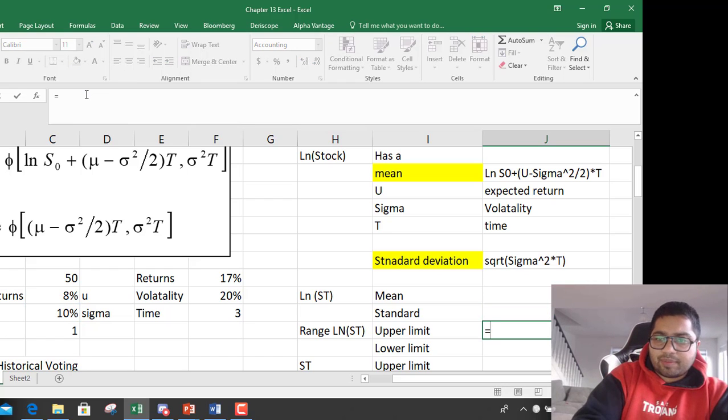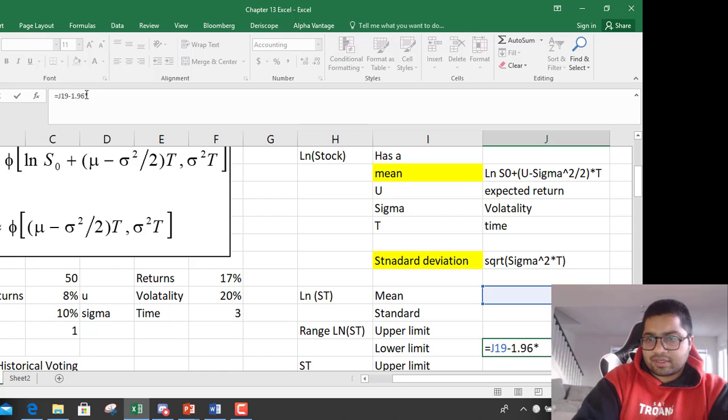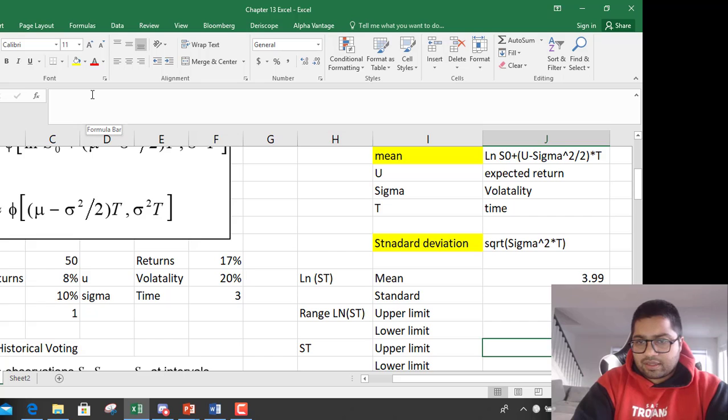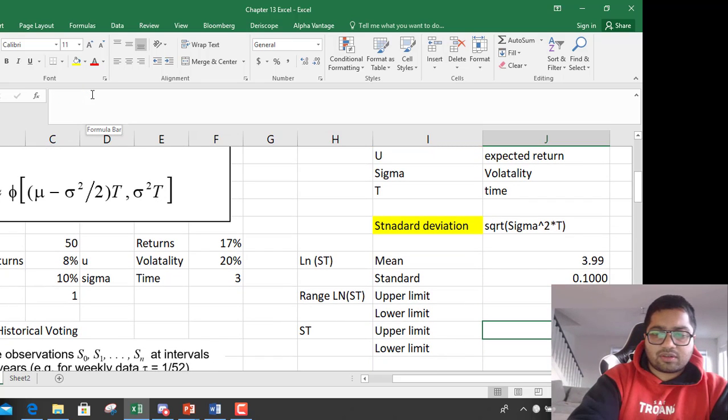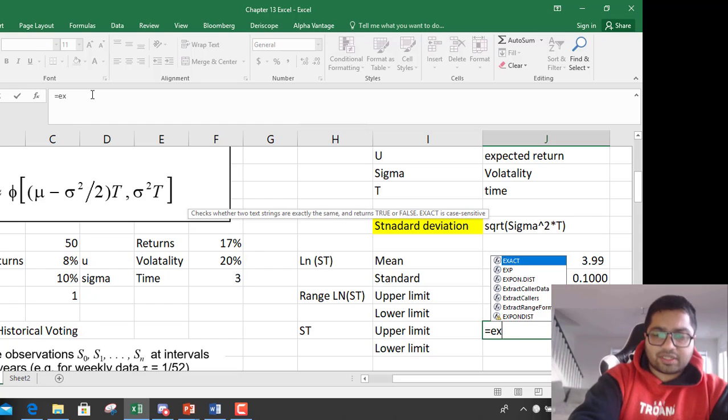So upper limit will be 3.99 plus 1.96 times sigma, and lower limit will be 3.99 minus 1.96 times sigma. So this was in log normal. We need to find it in normal stocks. So you just take an exponential.